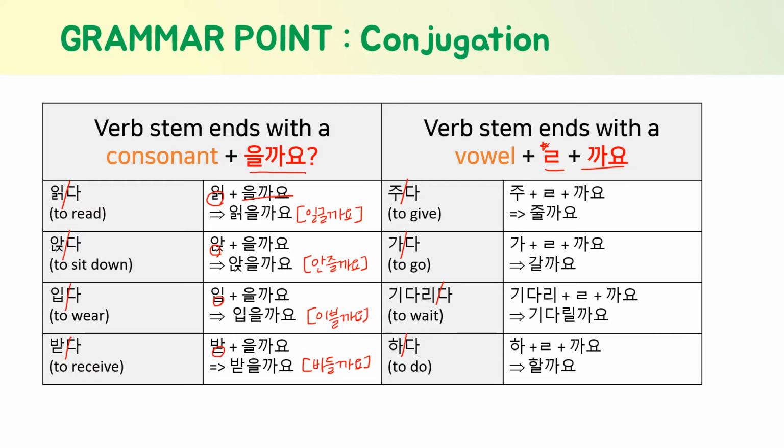So verb stem ends with a vowel plus ㄹ까요 becomes 줄까요. 가다, 가, ㄹ까요 becomes 갈까요. 기다리다, 기다리 is the stem, ㄹ까요 becomes 기다릴까요. 하다, 하 is with a vowel, ㄹ까요 becomes 할까요.